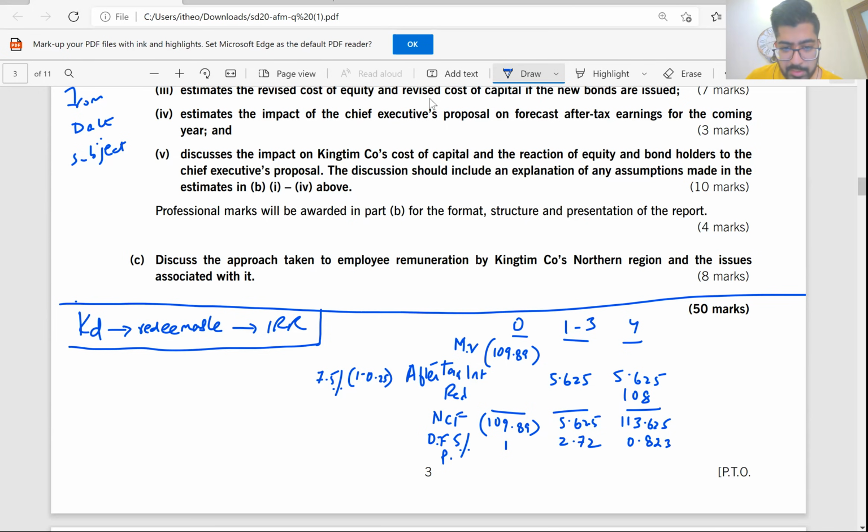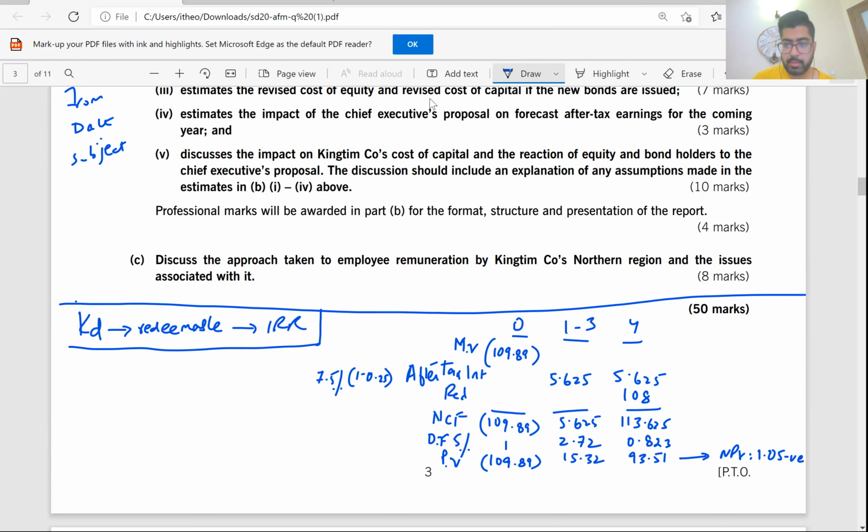Multiplying these net cash flows by discount factor gives you present value. 109.89, 15.32, 93.51. And if we net them all, the NPV is 1.05 negative.